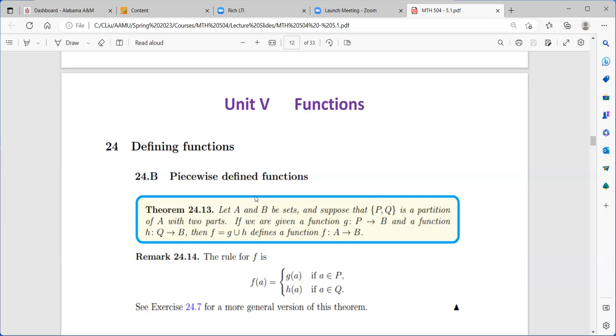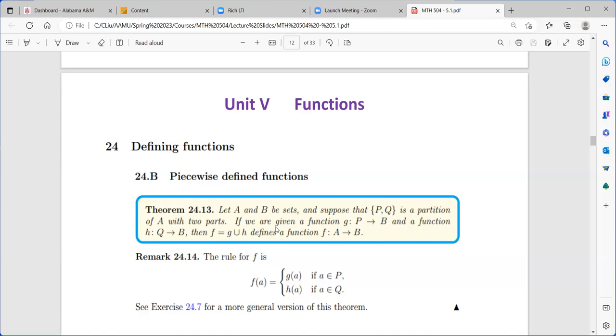And similarly, we can do the set B, but let's just talk about set A first. You can actually partition B also in the definition of piecewise defined function.